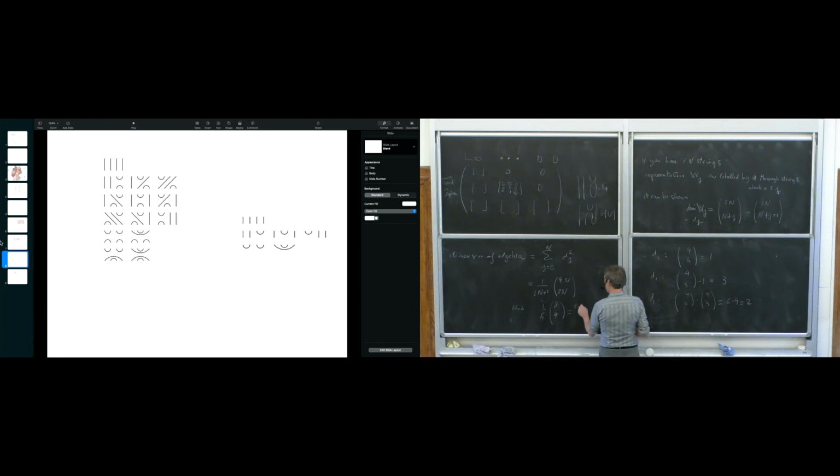So that's 8 times 7 times 6 times 5 over 5 times 4 times 6. So the 6 vanish, the 5 vanish, and I get 14, which is 1 plus 9 plus 4. Okay.